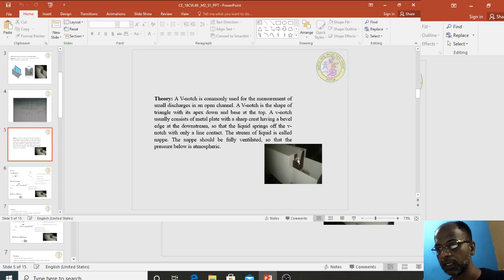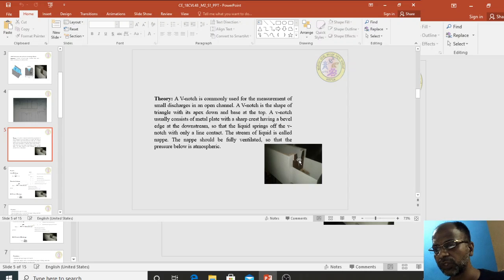So a V notch is the shape of a triangle with the apex at the bottom and the base at the top. Therefore, it is also called a triangular notch.